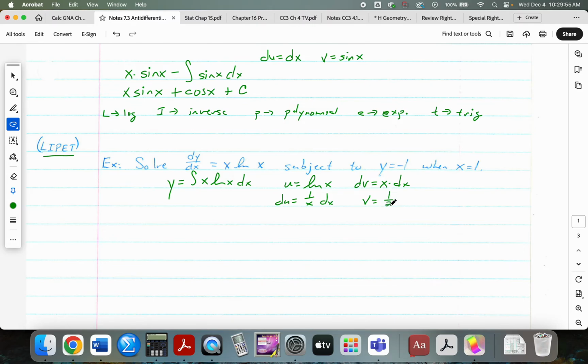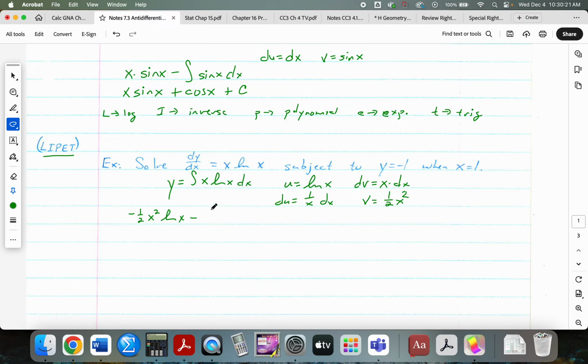Yeah, 1/2 x squared. So we're going to have u times v. So I'm going to have 1/2 x squared natural log of x. You can write it in the other order, but I tend to write the logarithm last so there's no confusion as to what the argument of the logarithm is.